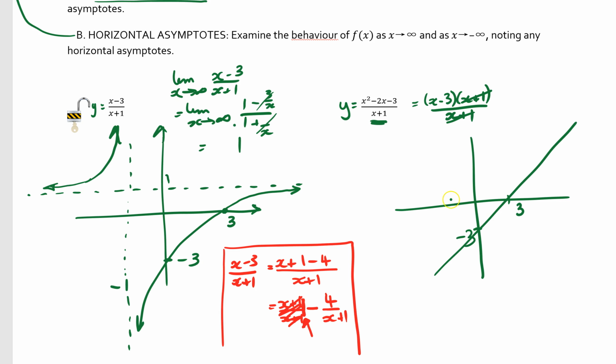So out here at x equals minus 1, this curve actually has a little hole in it. It just doesn't exist. So I have to draw it up with that hole there. Ideally it wouldn't have that line in the middle of it, it would just show a hole, but I can't easily rub that out here. And that's the resultant curve there. X squared minus 2x minus 3 over x plus 1 is the straight line but with the hole in it.